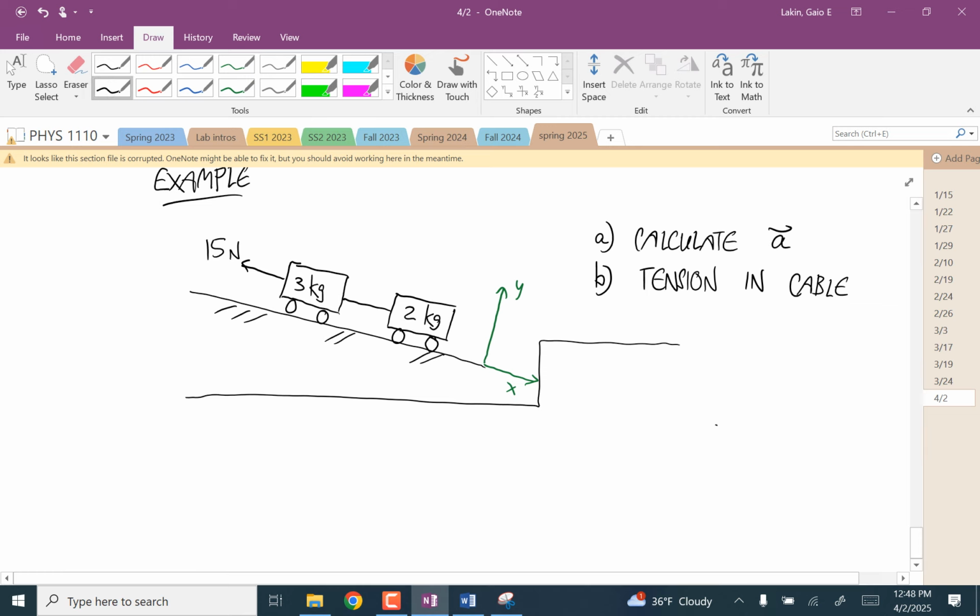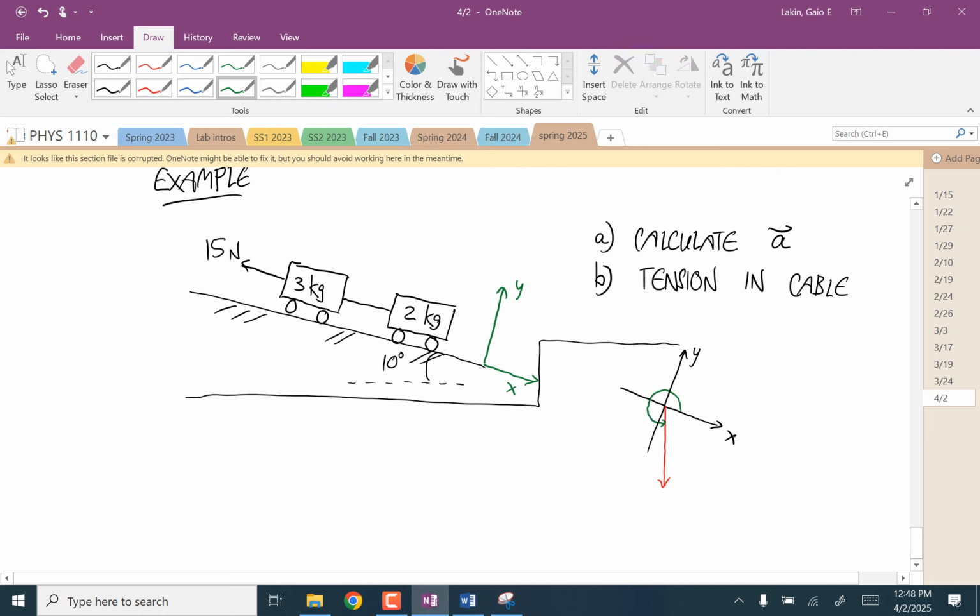Let's figure out that angle first for the coordinate system. Oh, I didn't give an angle yet. Let's say this is 10 degrees. The weight force vector is like this. From the positive x-axis to the vector is like that.